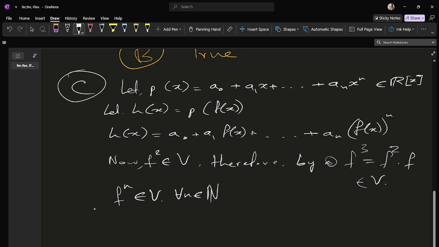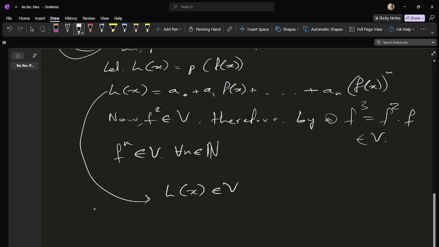Now, using this information and the fact that V is a vector space over R, we can easily see that h(x) belongs to V. As f(x) and f(x) to the power n and all belong to V, the linear sum of them will also belong to V, as V is a vector space over R and a0, a1, an also belong to R. So this is a finite linear combination of the vectors of V. So our option C is also correct.